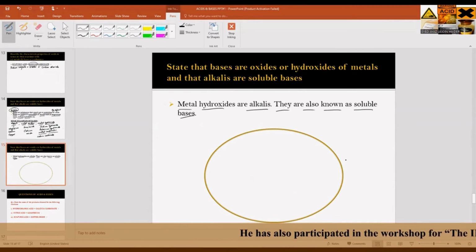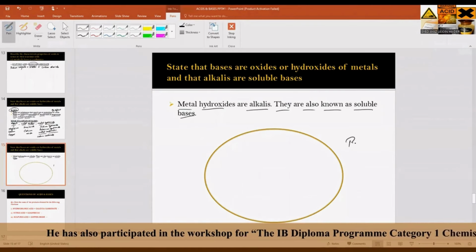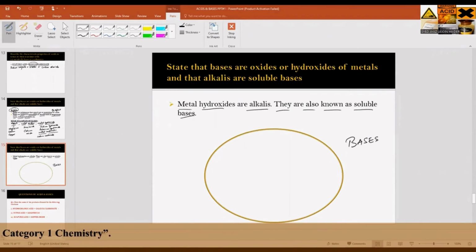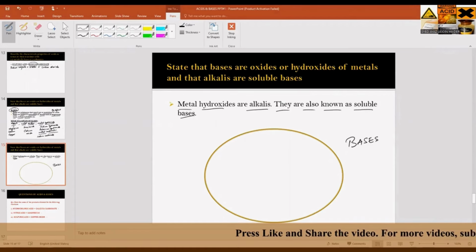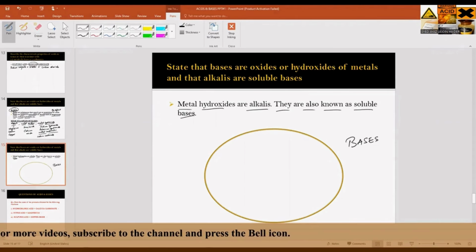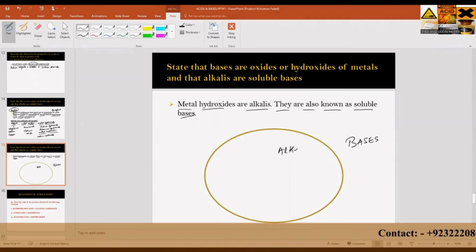This is a Venn diagram for bases. In bases, you have all these substances which cancel out or neutralize the effect of acids. But there is a specific kind of base which is metal hydroxides. We call them alkali. All alkalis are bases, but all bases are not alkalis.